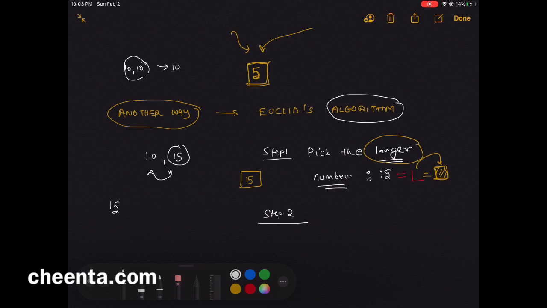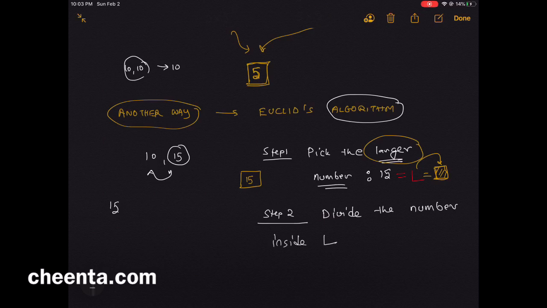Step 2, divide the number inside L. So remember, L is just the name of this larger box. So the number inside L is 15, divided by the smaller number.